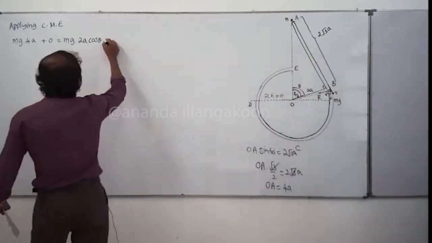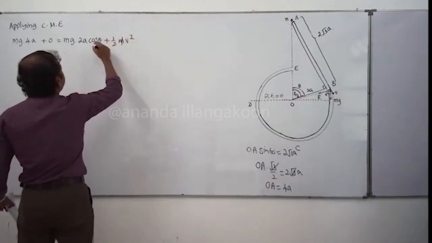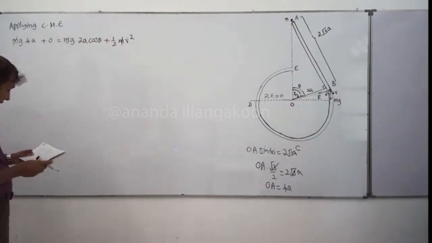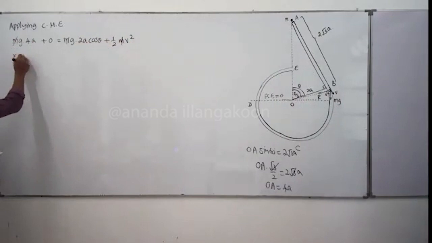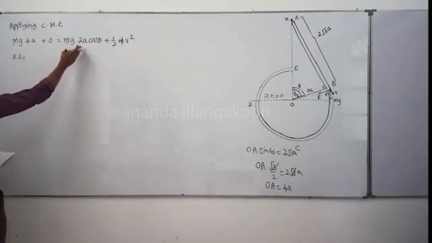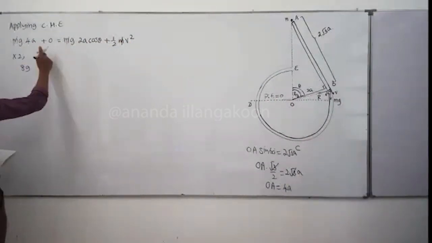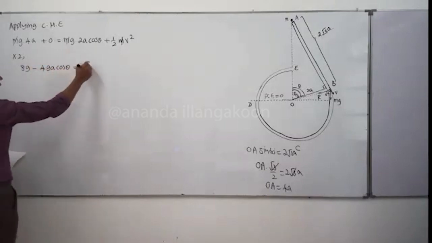And plus half m v squared. You can cancel down. By simplifying this, multiplying by 2 and taking this 2 times this side, we get this answer. So 4gA cos theta is equal to v squared.